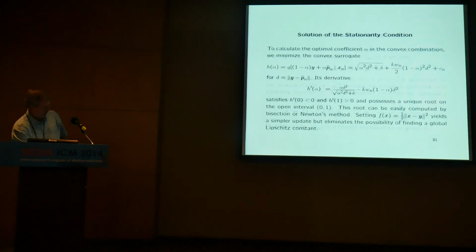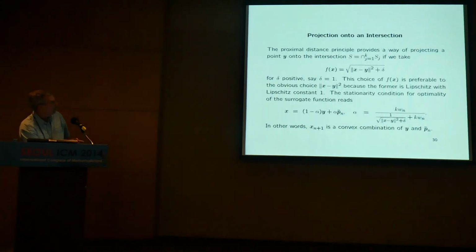You can also use this method for projection onto the intersection of sets. And I advocate using this objective function rather than the norm squared itself, because this objective function is actually Lipschitz, and it has a Lipschitz constant of 1. And when you solve for the updates, they're a convex combination of your external point y and the average of the projections.